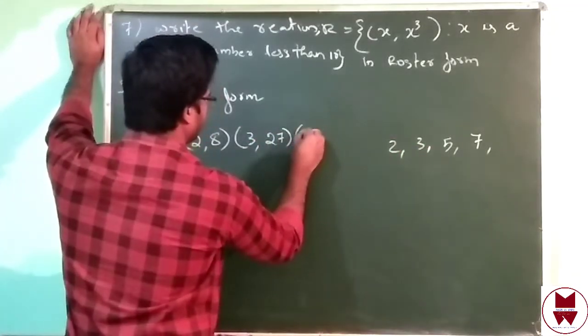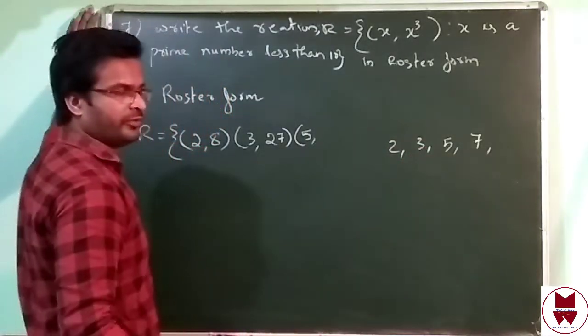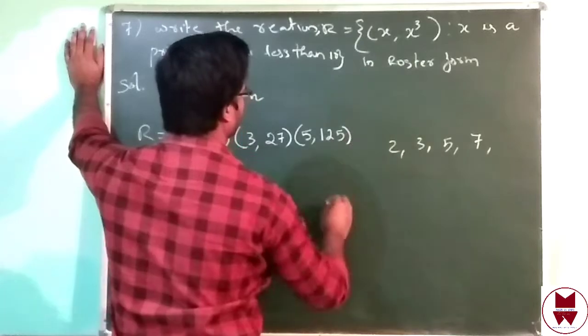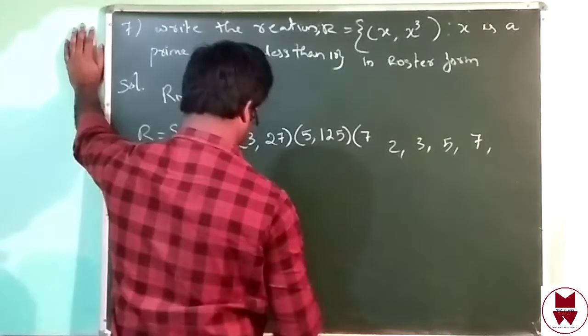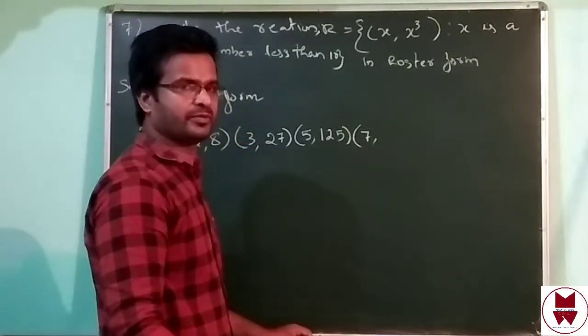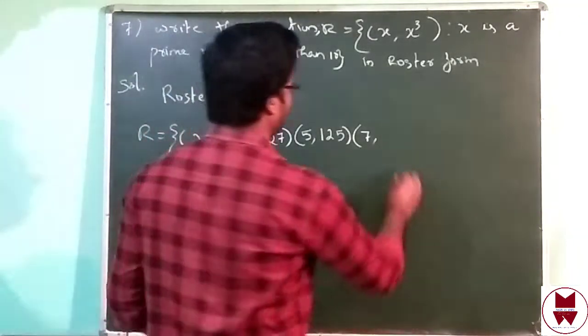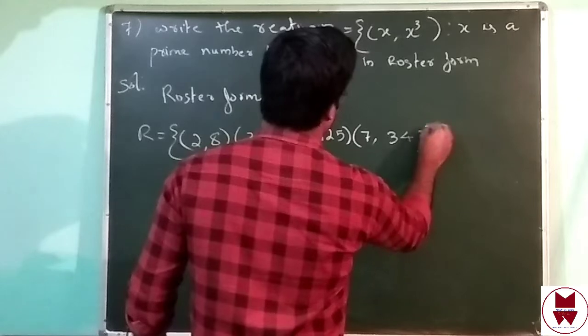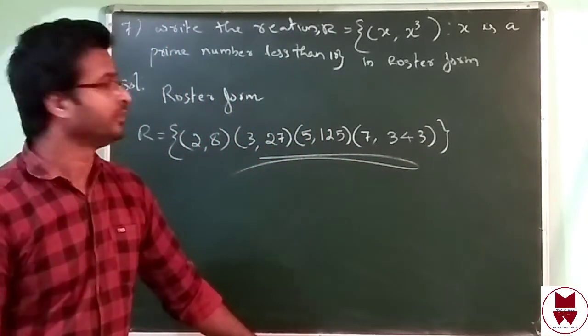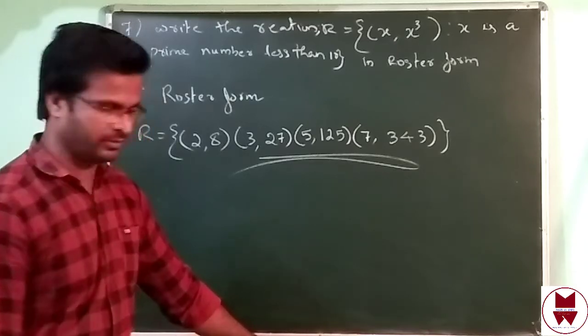Then 5. 5 cube, 5 into 5 into 5, 125. From here only cube. Then 7. 7 cube, 7 into 7 into 7. 7 into 7 is 49, 49 into 7 is 343. This is our relation in roster form.